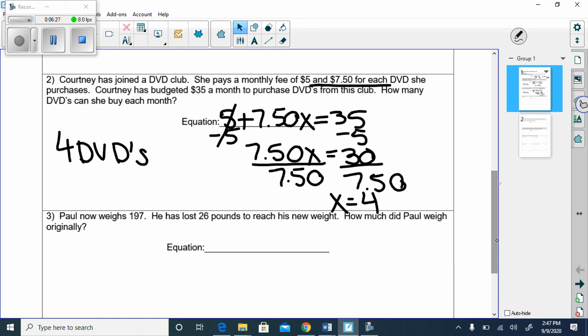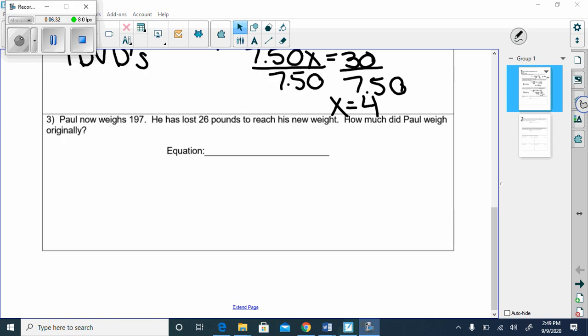Okay, I want you guys to give number 3 a try, and then we'll check it together. It says that Paul now weighs 197 pounds, and he has lost 26 pounds to reach that new weight. How much did Paul weigh originally? So what equation did we come up with? Yes.